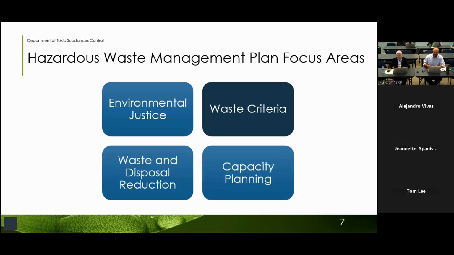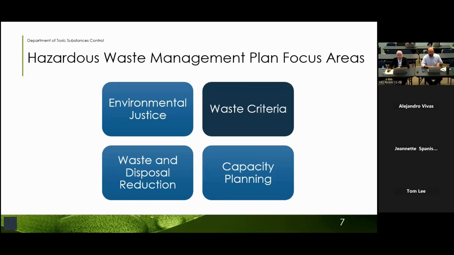And lastly, DTSC is required to assess whether California's criteria for identifying hazardous waste are up to date with current science, technology, and testing methods. And we're using that analysis to inform recommendations for updates to our criteria that would reflect those advances. Now, the information in today's presentation is within this last requirement.